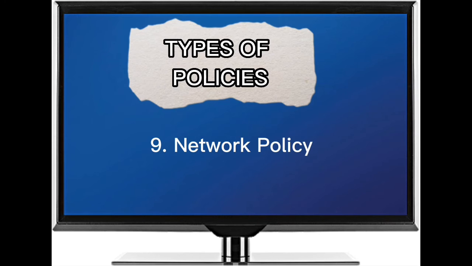Network policy. This policy is to restrict the access of anyone towards the network resources and make clear who will access the network. It will also ensure whether the person should be authenticated or not.